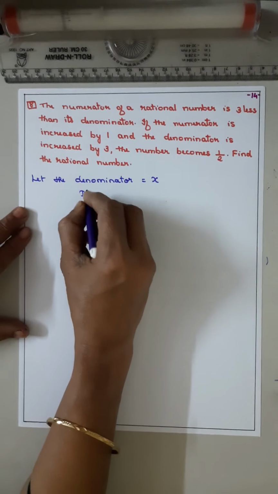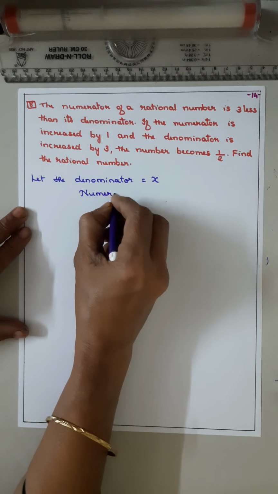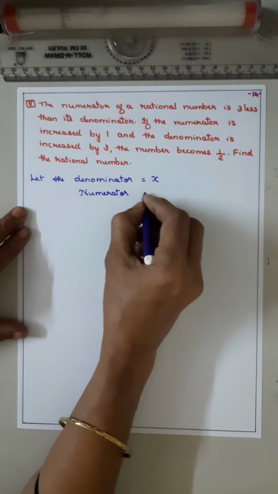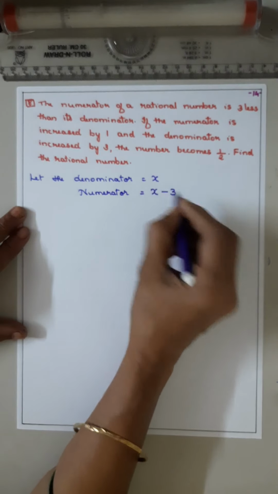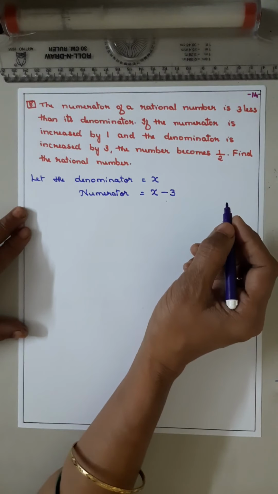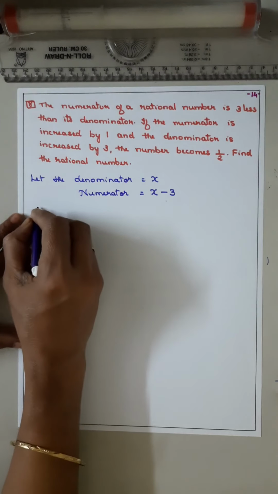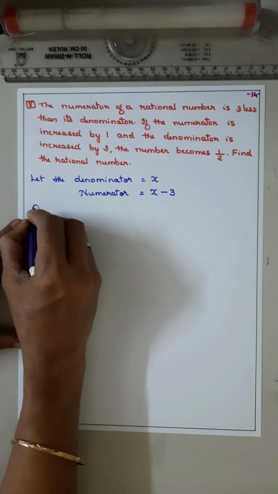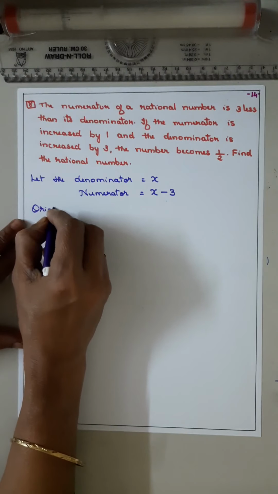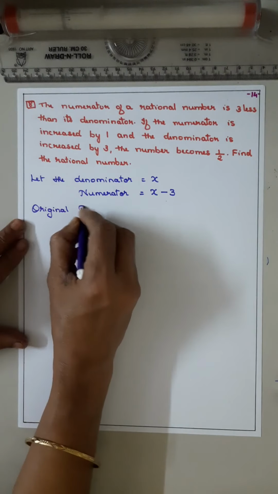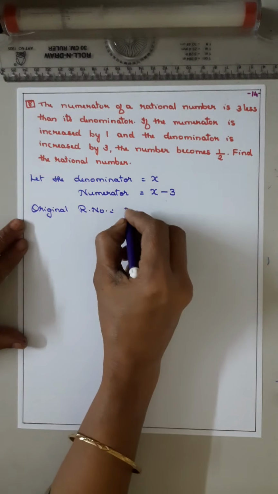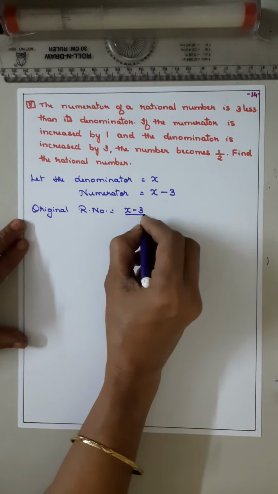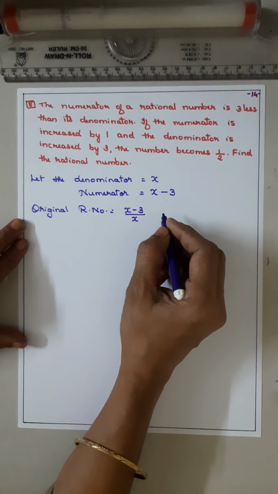Therefore, the numerator will be 3 less than the denominator, means x minus 3. So the original rational number will be how much? Numerator is x minus 3 and denominator is x.